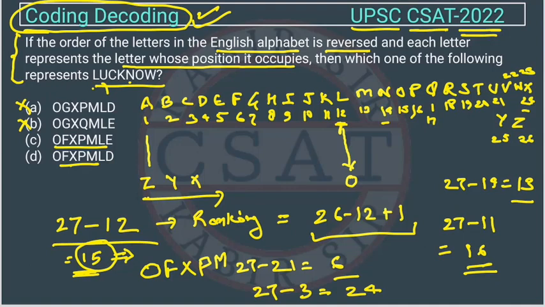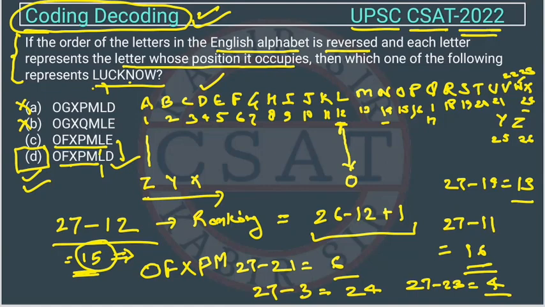So no need to check for L, directly check for the last letter because L is given in both. So we will check for W. W is at position 23rd. So this will be 27 minus 23 is equal to 4. So the letter at position 4 is D, right? So at last we will have D. So the answer will be option D, right?